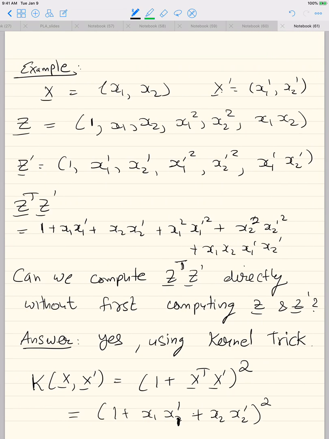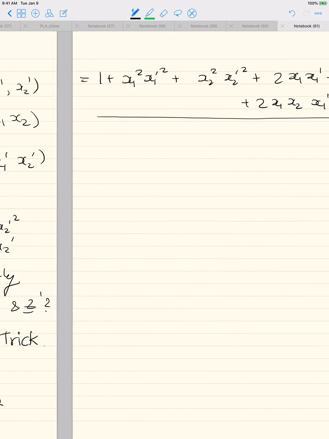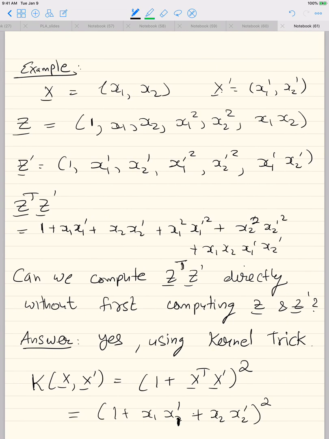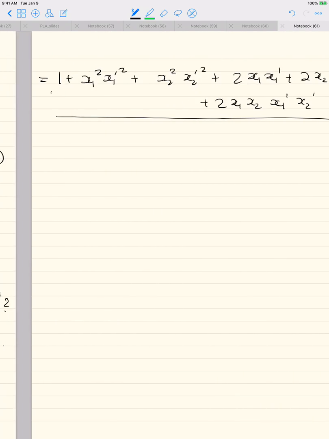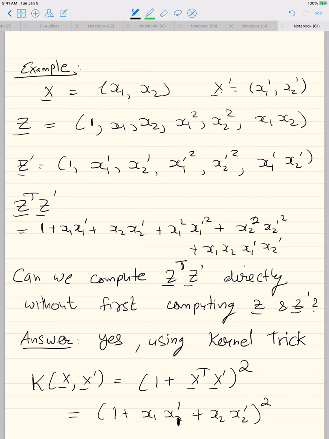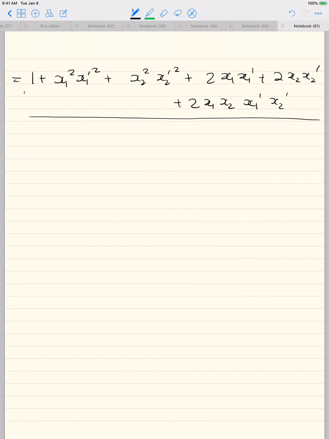So this is fairly easy to compute. We just had to take the inner product between the x vectors and then square it. If you compare this quantity with what we have here, it looks very similar. The first 4 terms are the same. However, there is a factor of 2 in 3 of the terms.